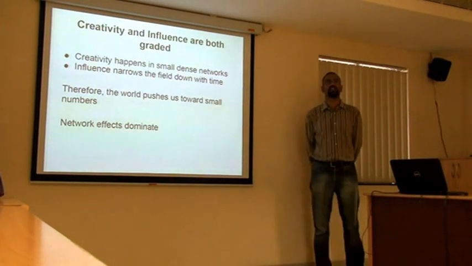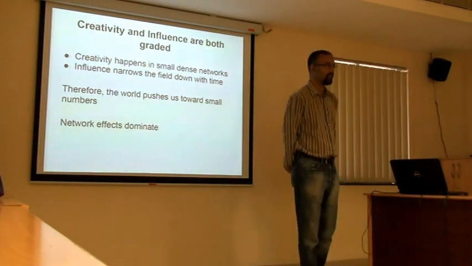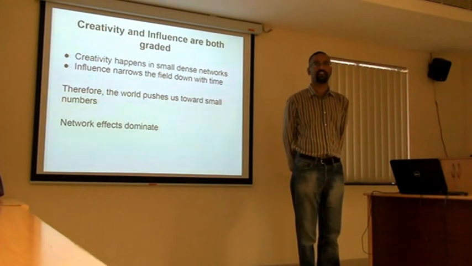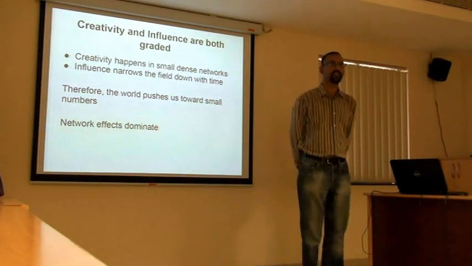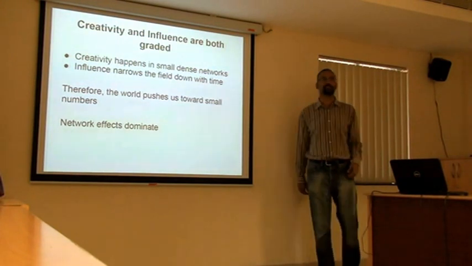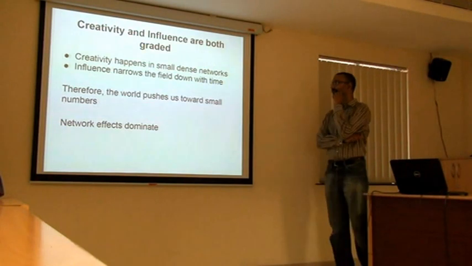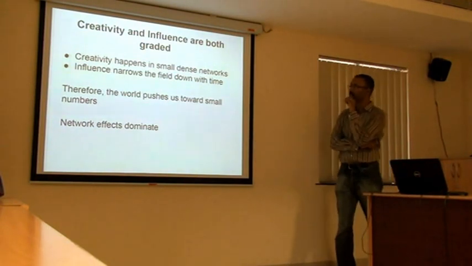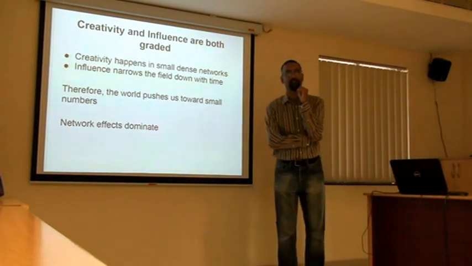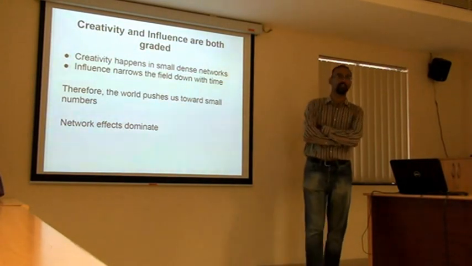The easiest way to get a Nobel Prize is to study with a Nobel Prize winner. Now, whether that is because they have the pull to get you a Nobel Prize, or whether you are smart, you can worry about what the influences are, but the fact of the matter is that creativity starts out in small networks and influence narrows down the field with time.